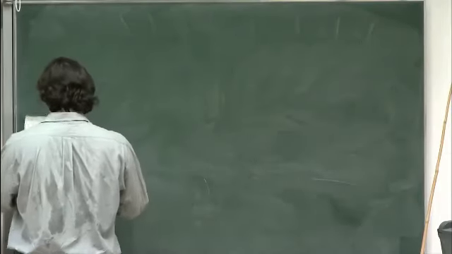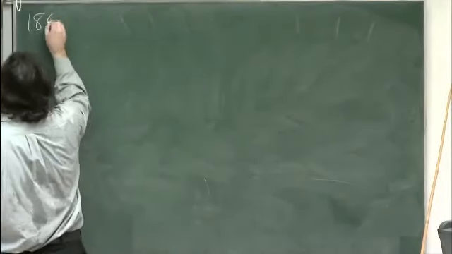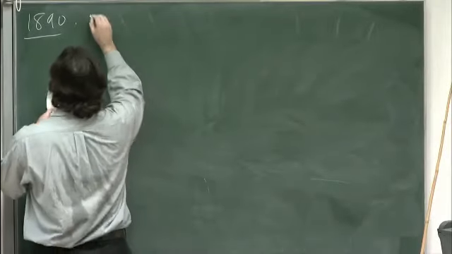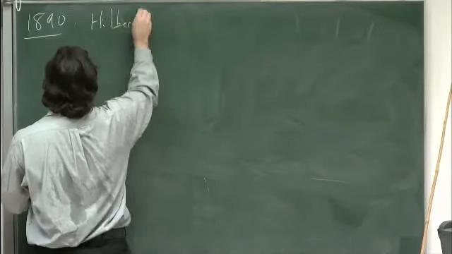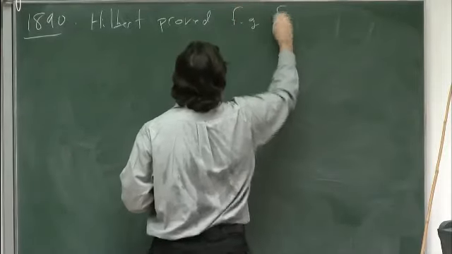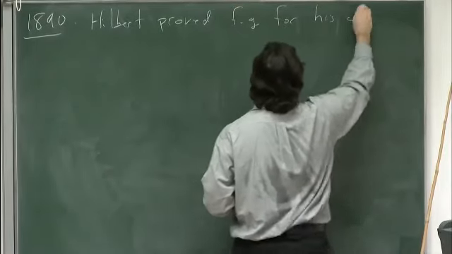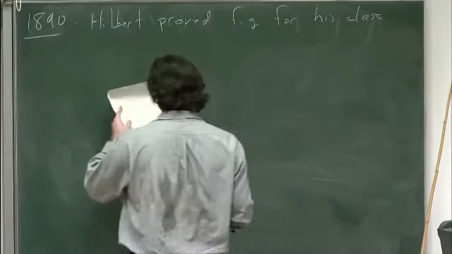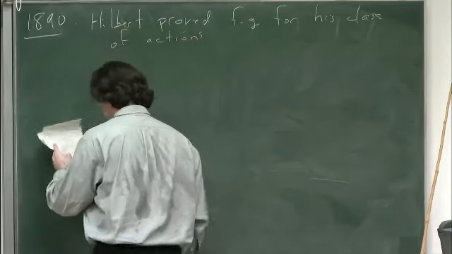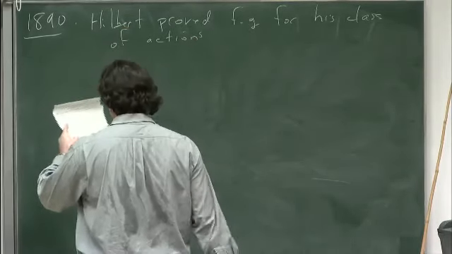So in 1890, Hilbert proved finite generation for his class of actions. So these SLNs, basically, linear representations of SLN.